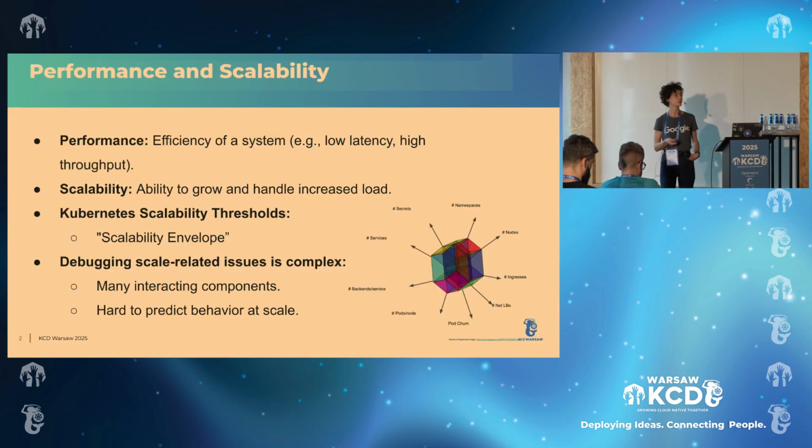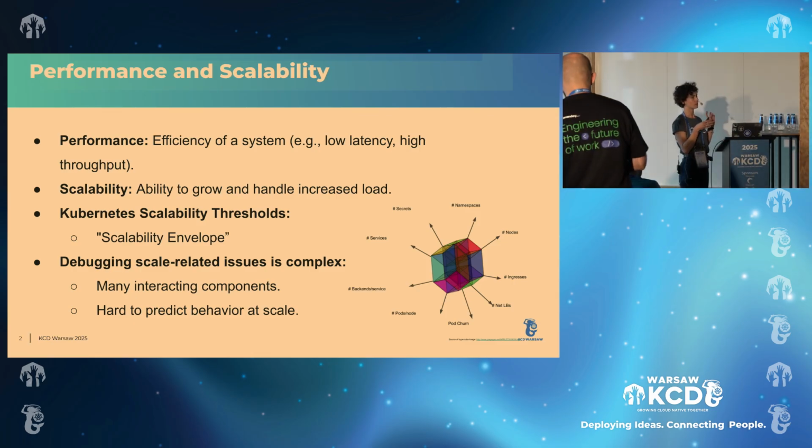Starting from the beginning, what is performance and what is the difference with scalability? We can say that performance is the efficiency of our system. This is how our system can handle resources like memory and RAM to perform some operation. And we measure performance in basically two ways.